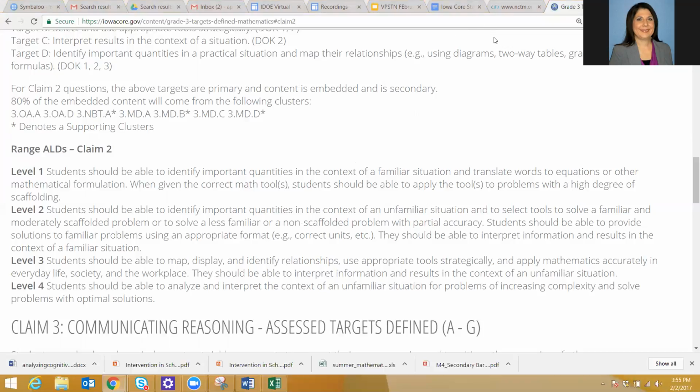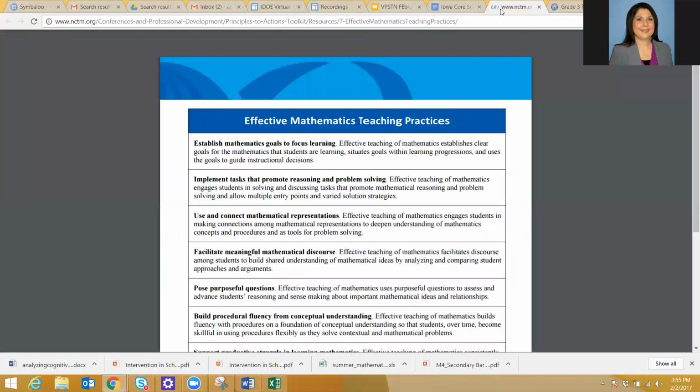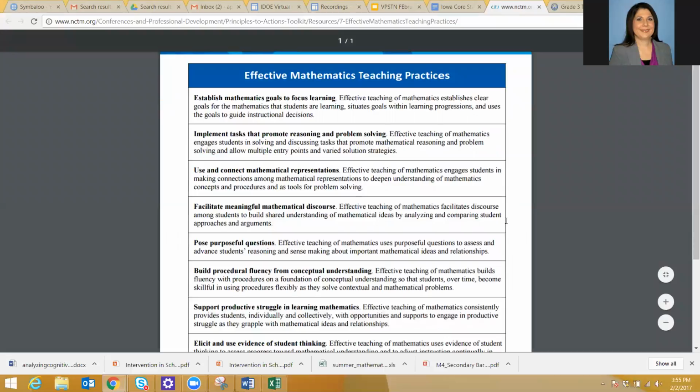Now, how this ties nicely to our Principles to Actions is if we look at the 8 effective teaching practices, obviously we want to establish mathematical goals to focus learning. Implement tasks that promote reasoning and problem solving. Boom, right there. We want rich tasks that promote problem solving.